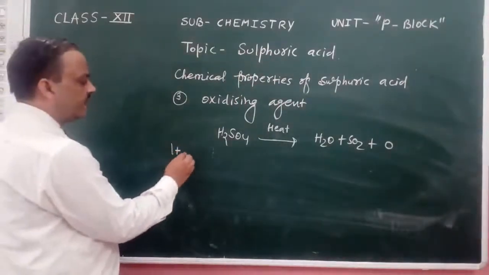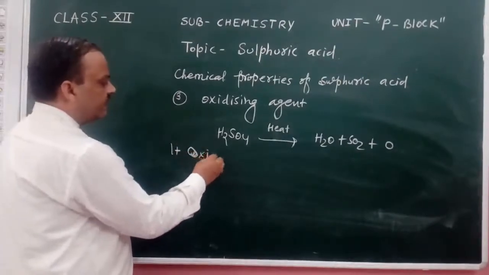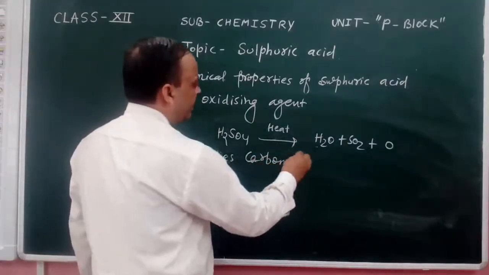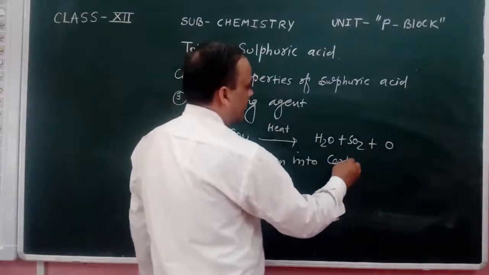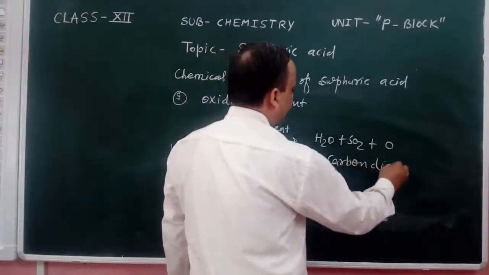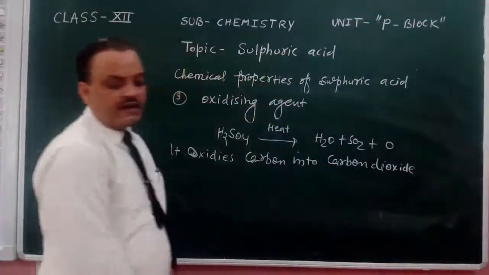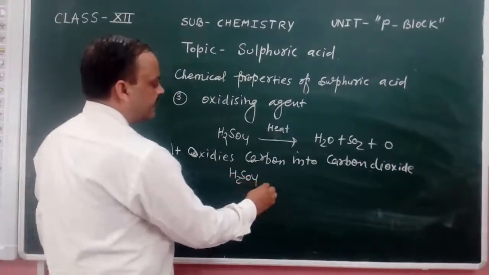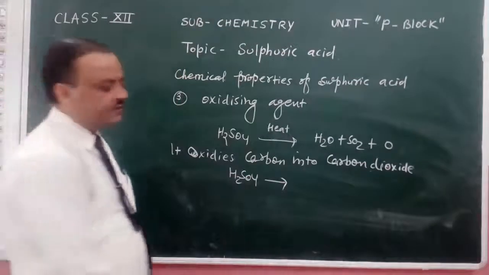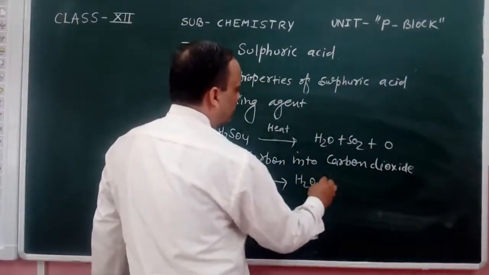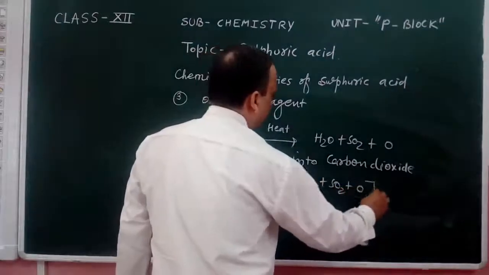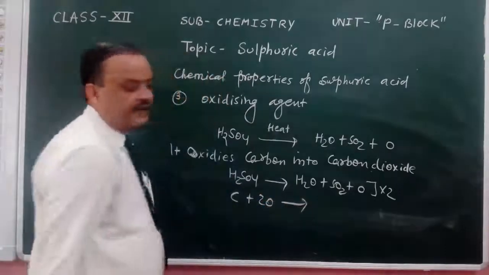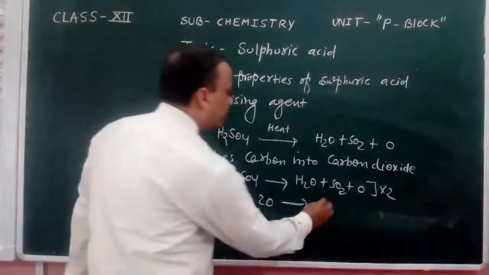It oxidizes carbon into carbon dioxide. In this reaction, H2SO4 dissociates into H2O, SO2 and O. For balancing, we multiply: carbon plus 2O gives the CO2 molecule.